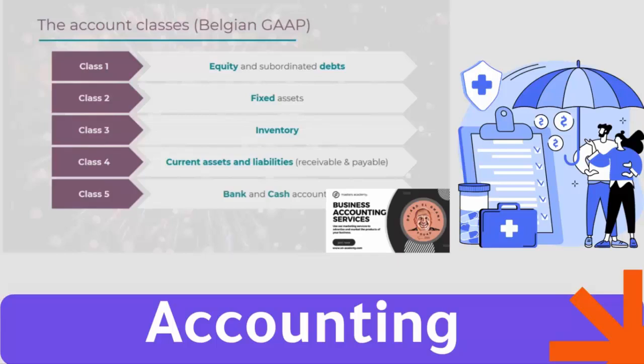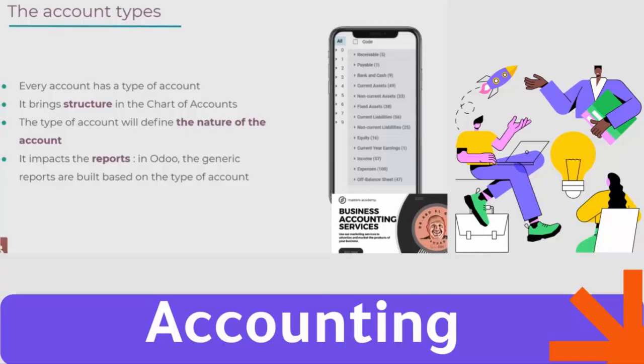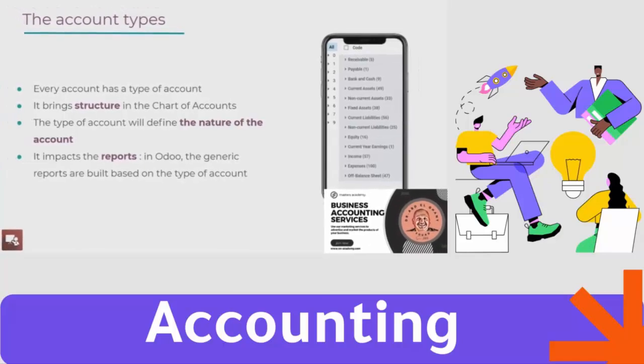This is quite Odoo specific. We have different types by which we split all the accounts. Every account needs a type, and the type is chosen based on the nature of the account. These types bring structure to the chart of accounts and to the entries themselves. It also impacts the reports. In Odoo, the generic reports, for example, are built based on the type of account.